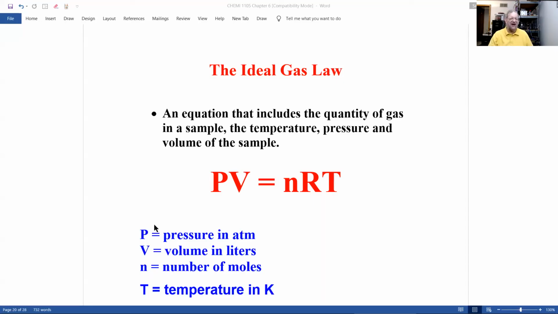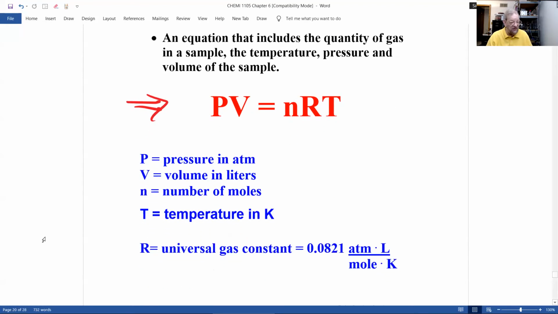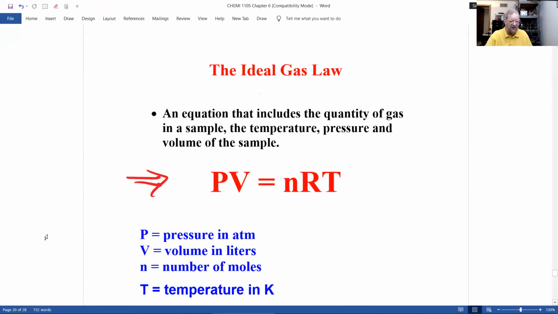And the ideal gas law is an equation that includes the quantity of gas in the sample, temperature, pressure, and volume of that sample of gas. We're talking about this right here: PV equals nRT. What is that? Well, first of all, I better be subtle.